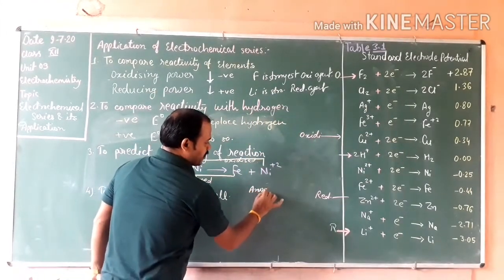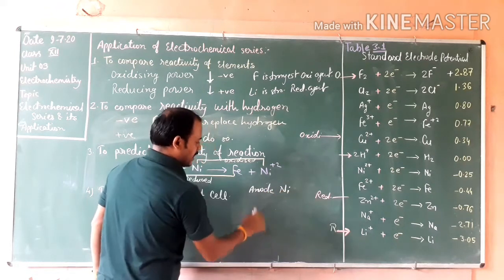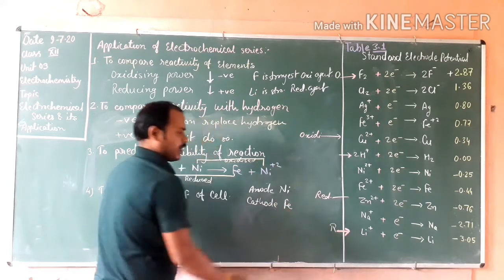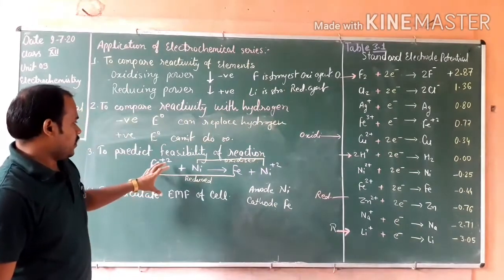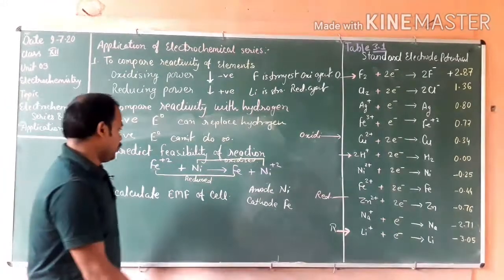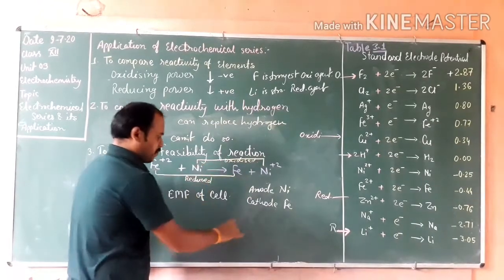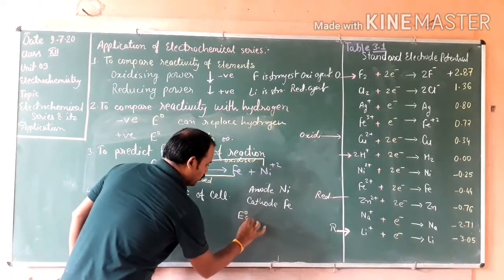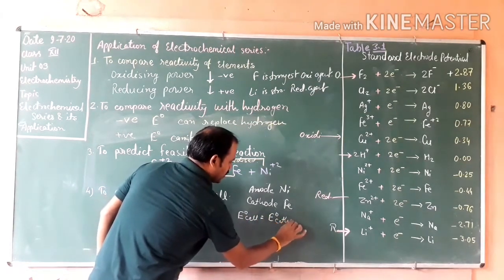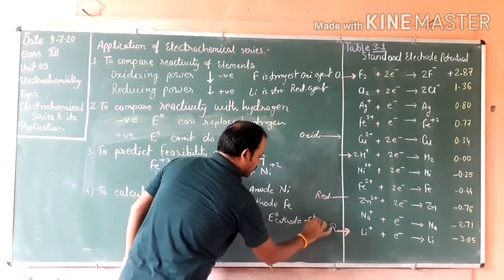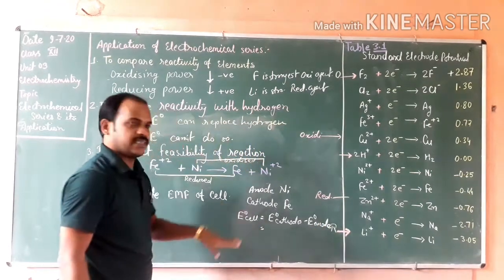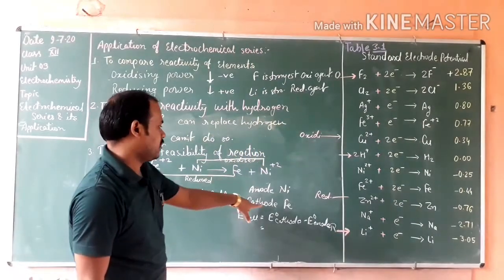Here see, anode is nickel, and cathode is iron. So now we are going to predict whether this reaction is possible or not. To confirm the possibility of reaction, we will calculate E0 of cell, and you know E0 of cell is equal to E0 cathode minus E0 anode. Cathode is iron.